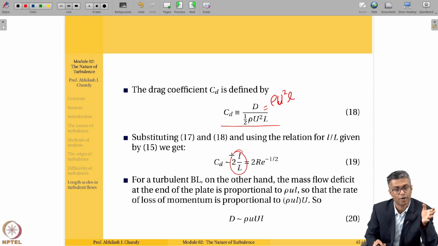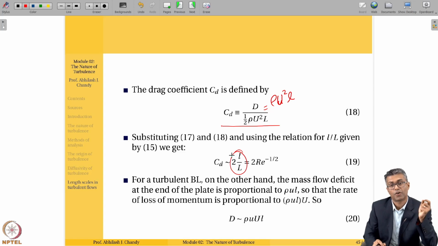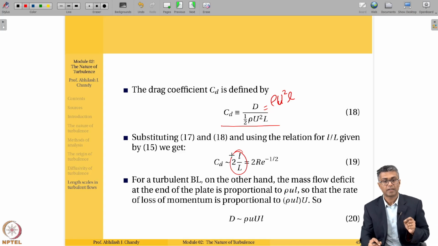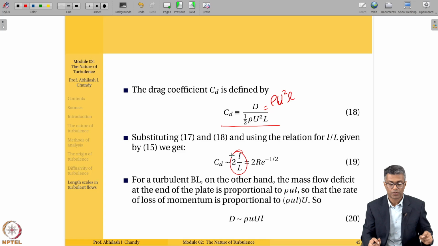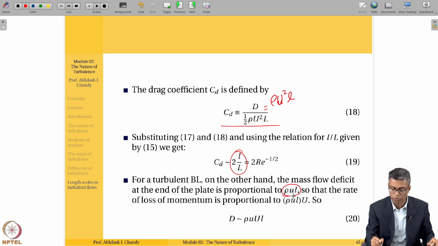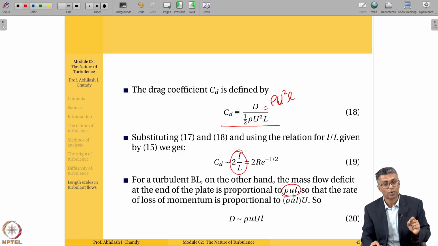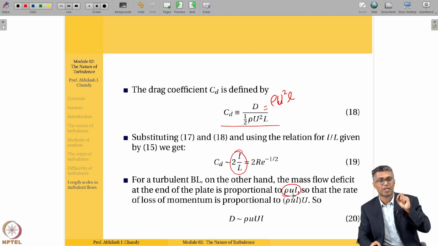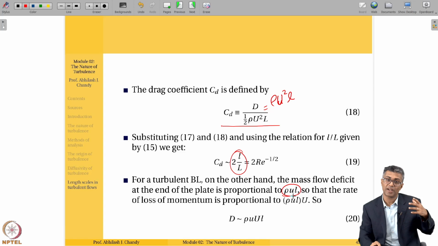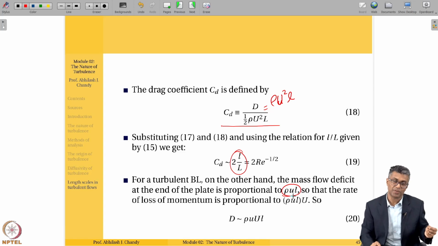So this is for a laminar boundary layer because the drag force came from that equation. For a turbulent flow, on the other hand, the mass flow deficit at the end of the plate is proportional to rho u l. Just like we had earlier when we showed the length scale, the diffusive length scale in a turbulent flow is related to the velocity fluctuation. In the laminar flow, it is just related to the kinematic viscosity and the time scale.